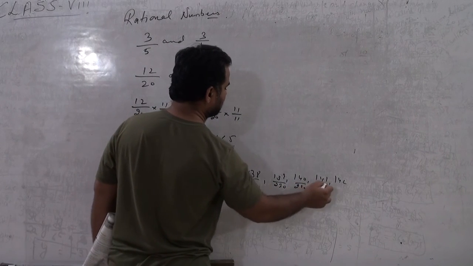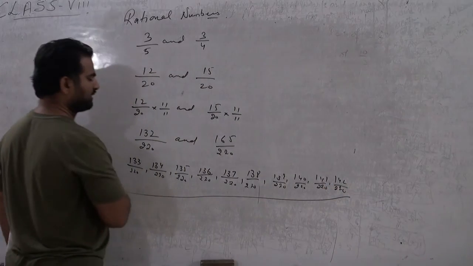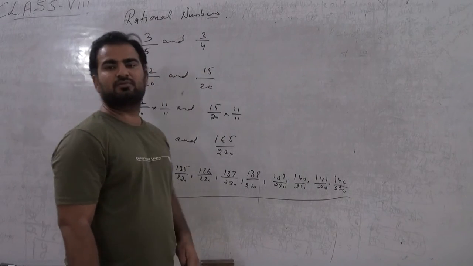These are the 10 rational numbers between 3 by 5 and 3 by 4.